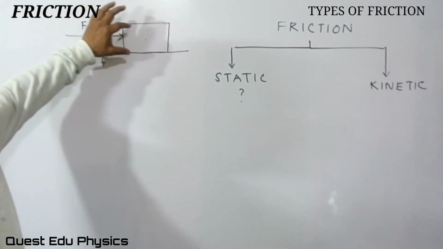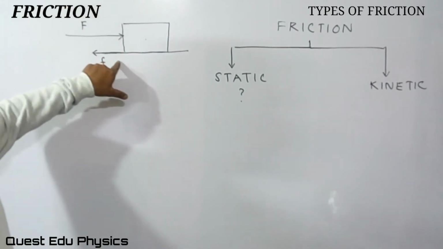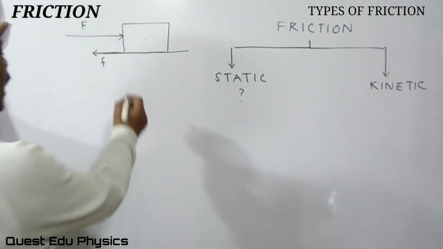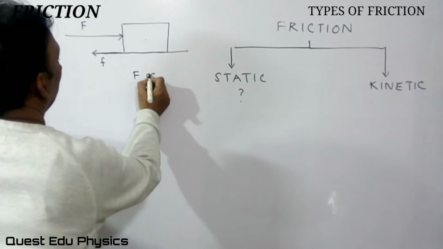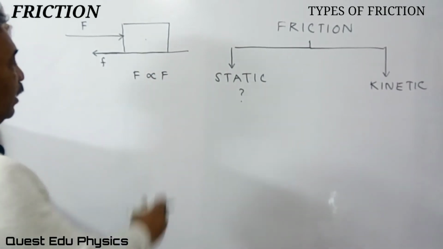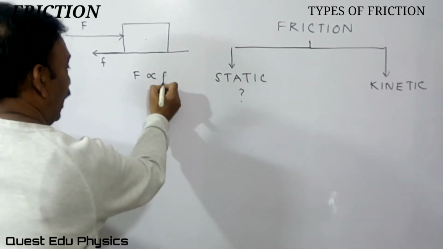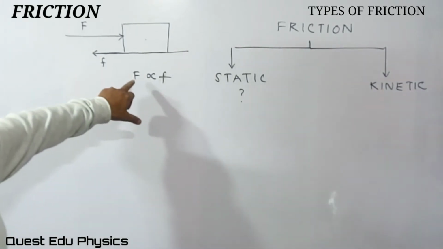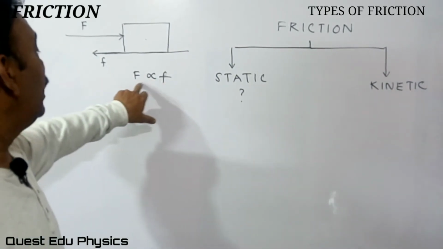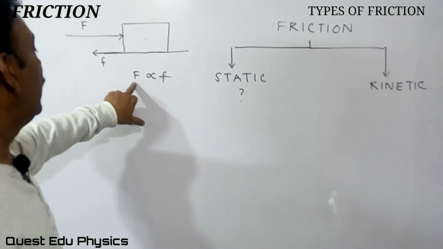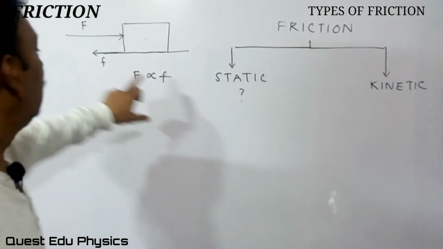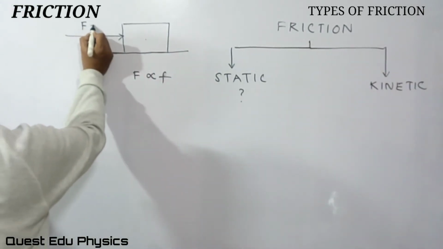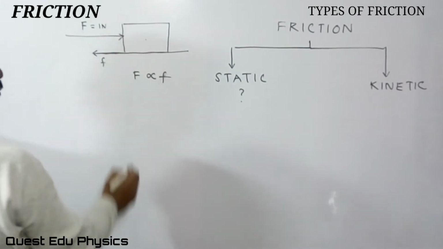When I apply the force, the frictional force will develop. That means we have a direct, linear relation between them. If one increases, the other also increases. Let's say I am applying a force of 1 Newton.